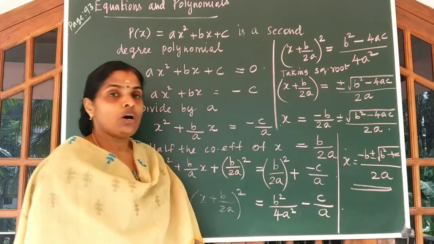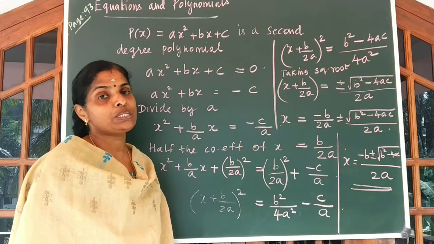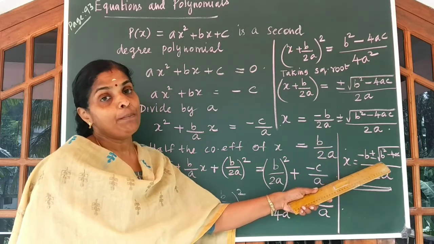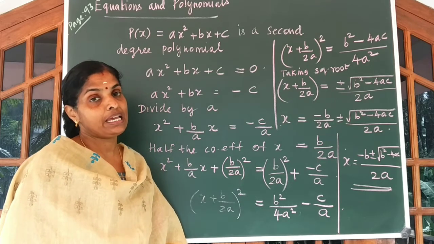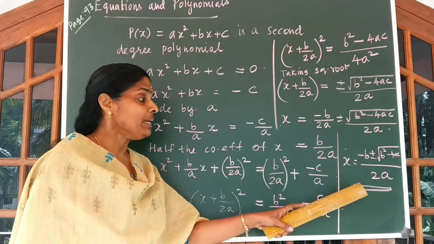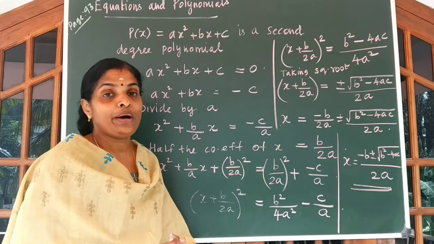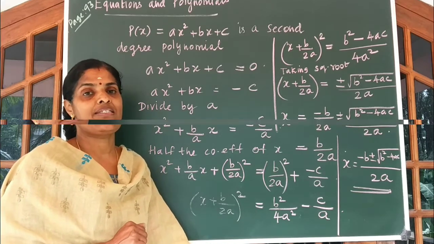So to solve the problems in our next exercise, we are going to use the formula x is equal to minus b plus or minus root of b square minus 4ac whole thing divided by 2a. You have to learn this formula by heart so as to solve the problems of the second degree equations.